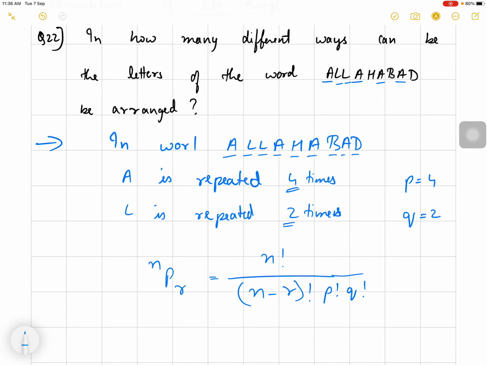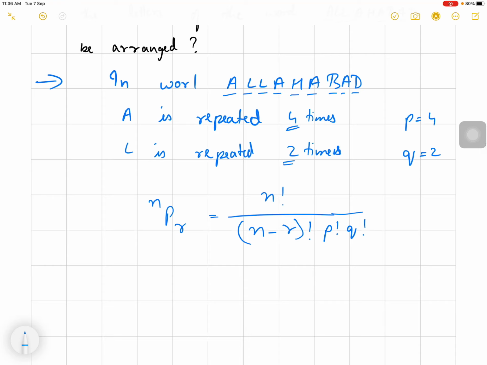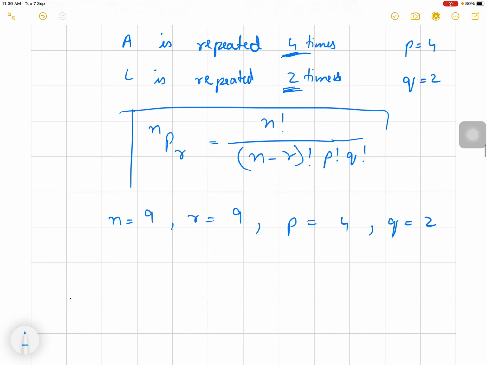There are 9 letters and 9 places. So n is equal to 9, r is equal to 9, and A is repeated 4 times and L is repeated 2 times. So I am naming them P and Q. P is equal to 4 and Q is equal to 2. This is the formula when there is a repetition of letters. You can name it any letter, P, Q, A, B, C, whatever. Just don't name it n and r. Apart from n and r, you can name it any letter.